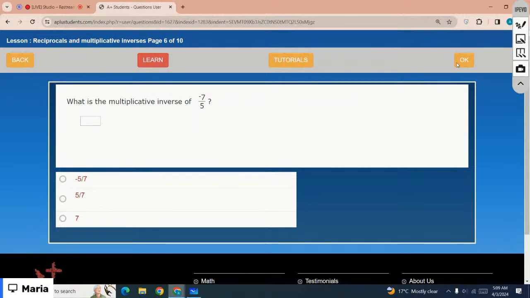Which is the correct option? The sign must be the same. You just have to take the reciprocal of the numerator and denominator, right? So that would be option number 1. You can complete the lesson by yourself later today. Let's move on to the next lesson.